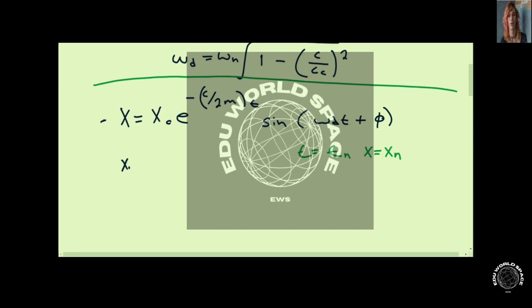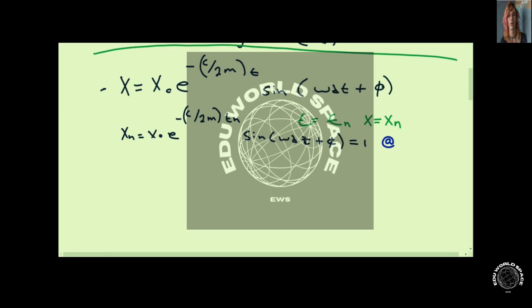So we have xn equals x naught e to the minus c over 2m tn times sine wd tn plus phi, and we're going to have this equal to 1, and this is going to be a. And now we want to do the maximum displacement.